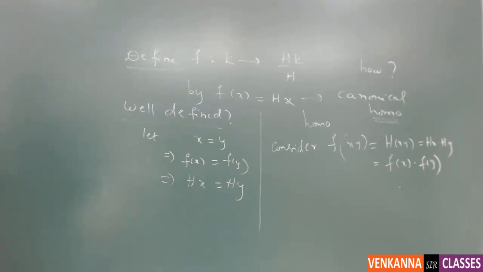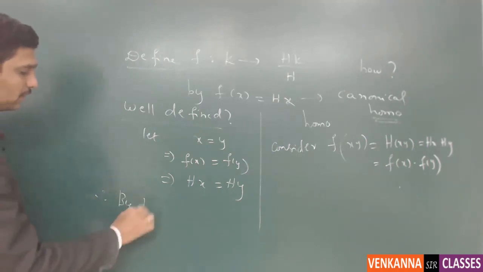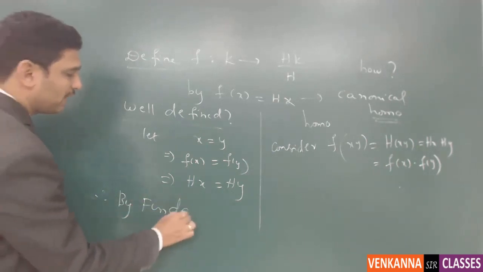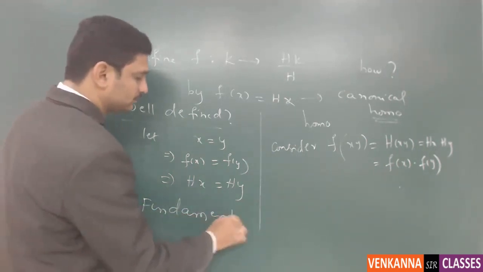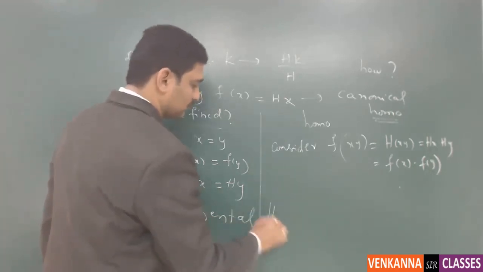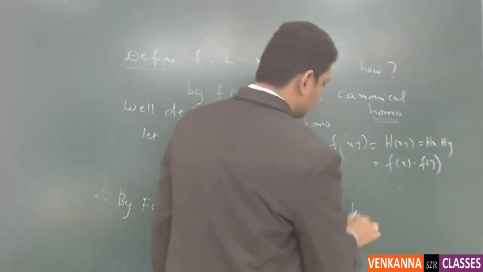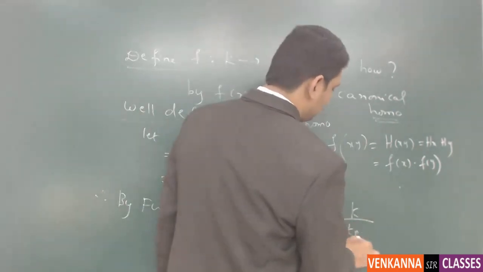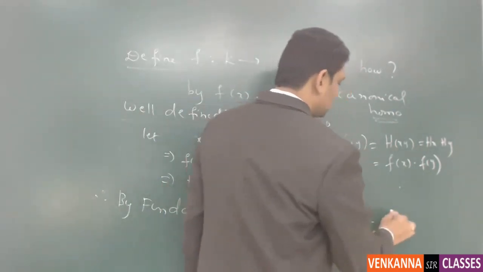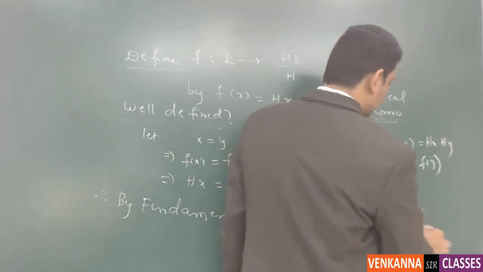It is onto by default. Therefore, by the fundamental theorem, you have that K by kernel F is isomorphic to HK by H.